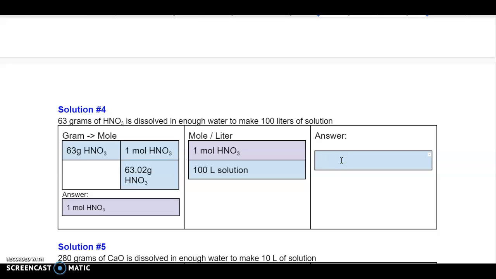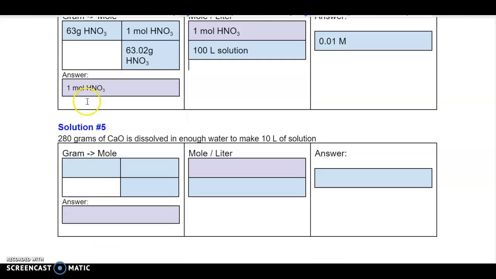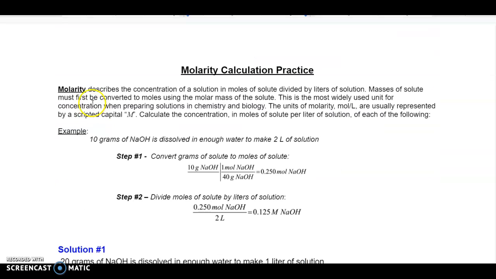So this one has a concentration of 0.01 molar. Making sure our units are correct as we go: grams and the compound name, moles and compound name, and liters of solution here. Making sure everything's right along the way. And that is how we find molarity and apply it to our fish kill.